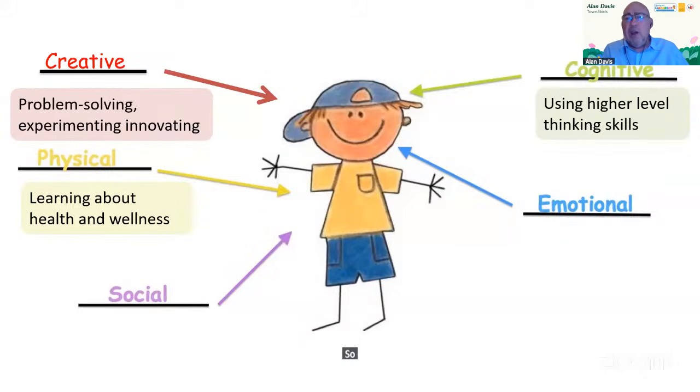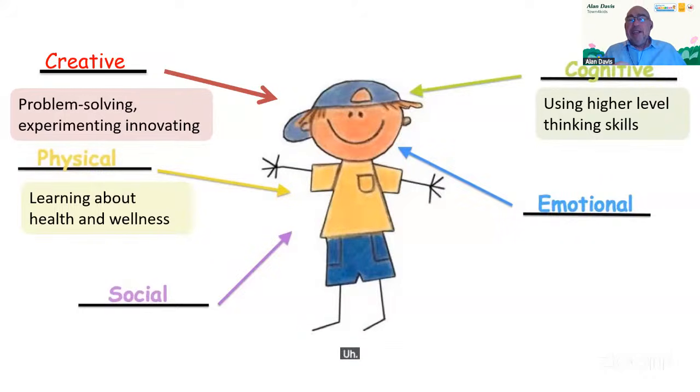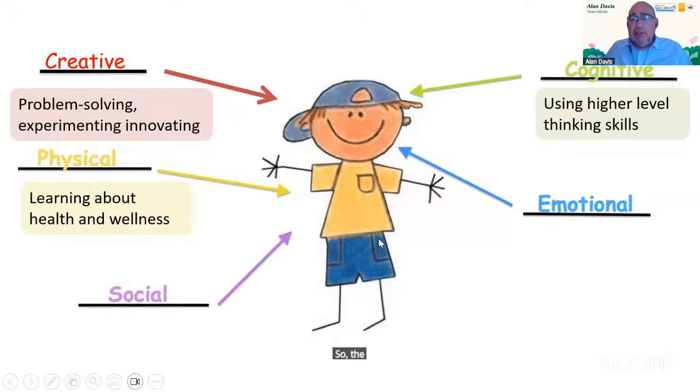By higher order thinking skills, I mean things like creating, evaluating sources, making sure that what we're looking at is actually valid to what we want to do, and being able to carry out activities.